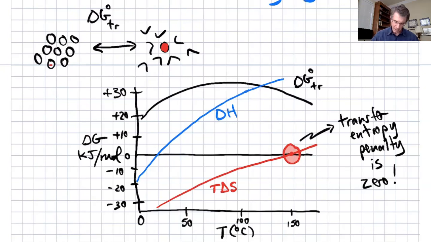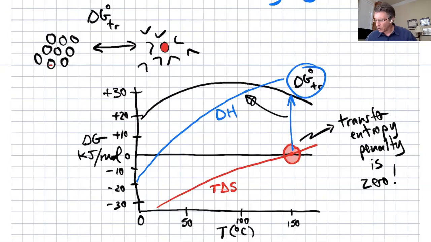And yet, despite that, if you look at the transfer free energy, it is still extremely large and extremely unfavorable, right? Which means the reason that the transfer is unfavorable at this point is because it's dominated by an unfavorable enthalpy change.